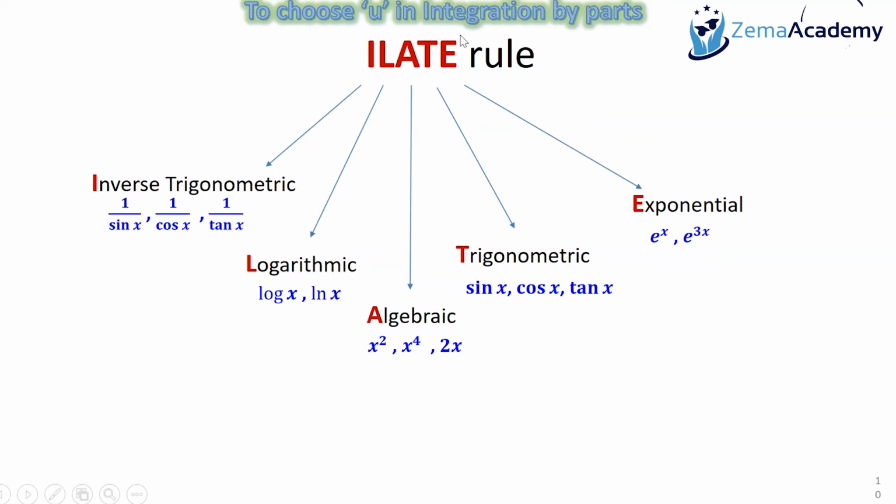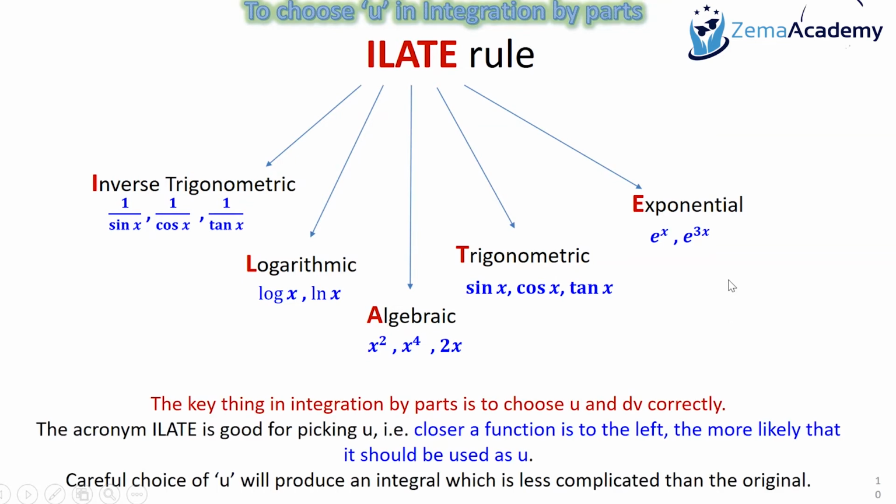Now, how to choose u among all these functions? The technique of selecting u is that the closer the function is to the left, the more likely it should be used as u.